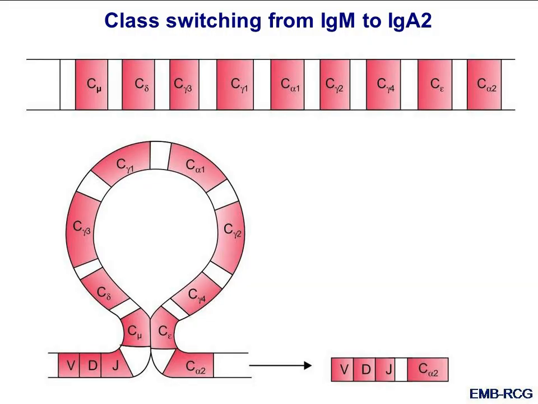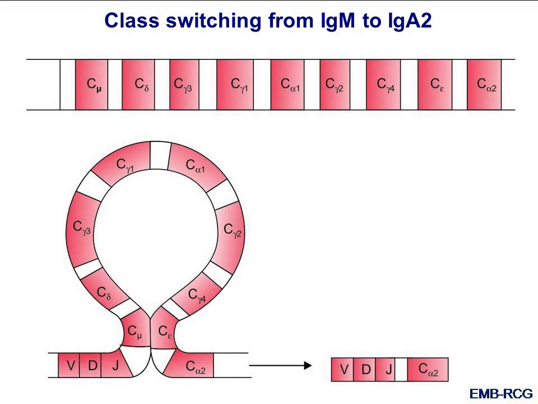This is an example showing class switching from IgM to IgA2. That means the first antibody to be synthesized was IgM, but now we are going to switch to IgA2. These are the 9 genes for constant segment starting with C mu.